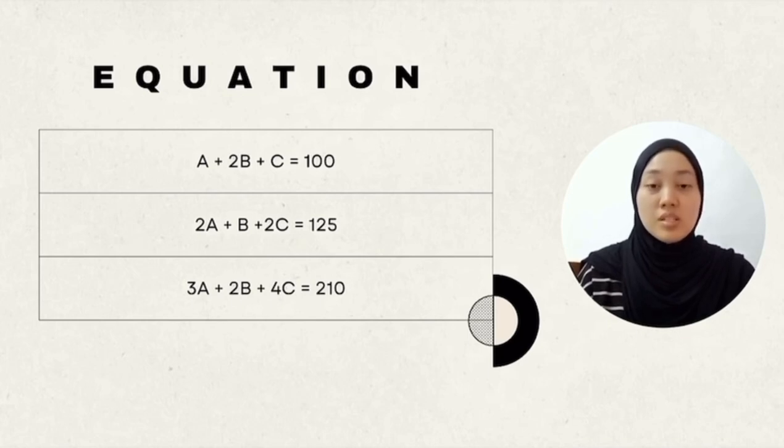So, the second equation is 2a plus 1b plus 2c equals 125. Last but not least, David said he bought 3 algebra modules, 2 mechanic modules, and 4 statistic modules, and he paid 210 ringgit in total. So, the third equation is 3a plus 2b plus 4c equals 210. So now we can solve the problem using the Gauss-Jordan method.